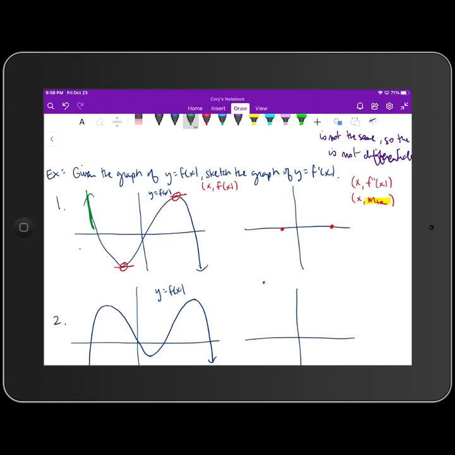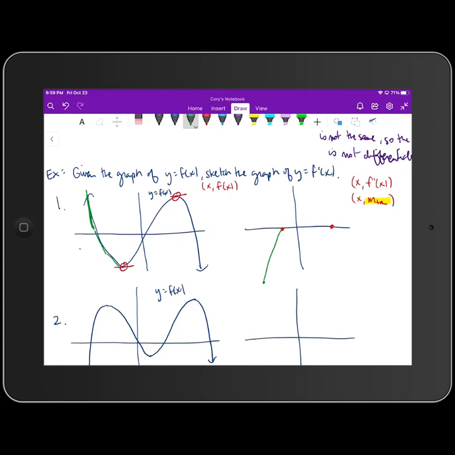As I continue working my way to the right, the slopes are still negative, but they start flattening out, getting closer and closer to 0. So the y-coordinates on the graph of the derivative are going to be getting closer and closer to 0 as well. They're still negative, but the slopes are getting closer and closer to 0.